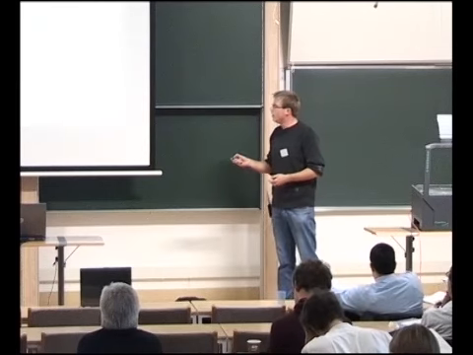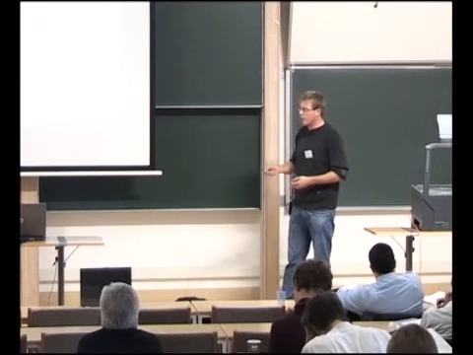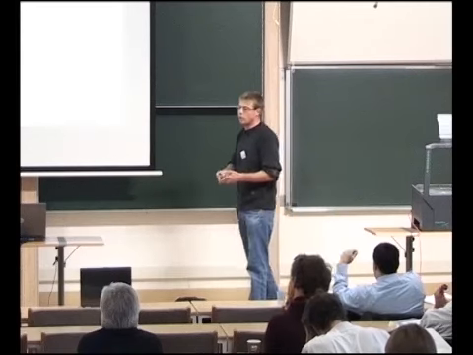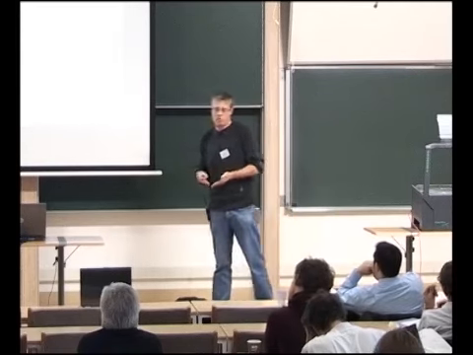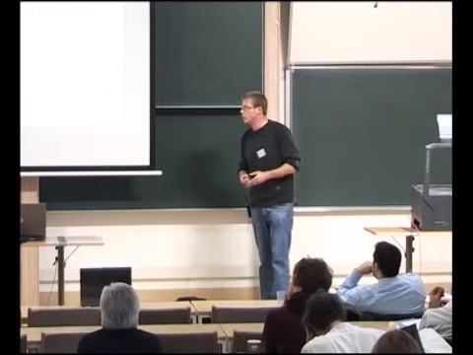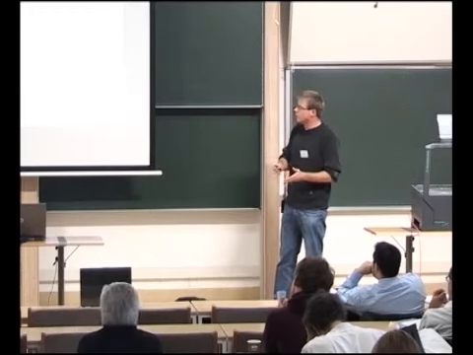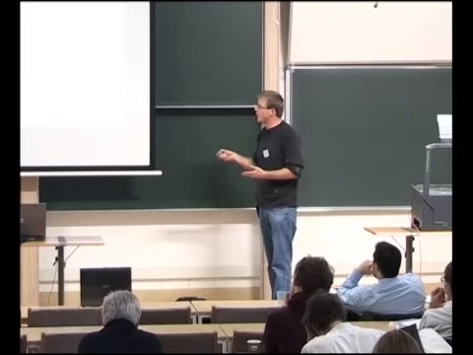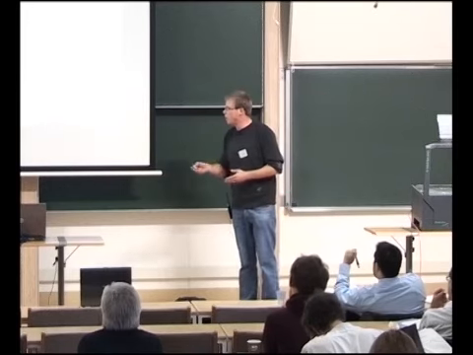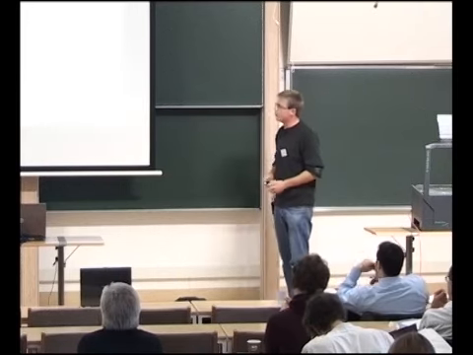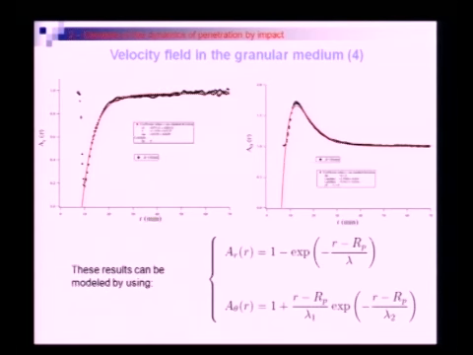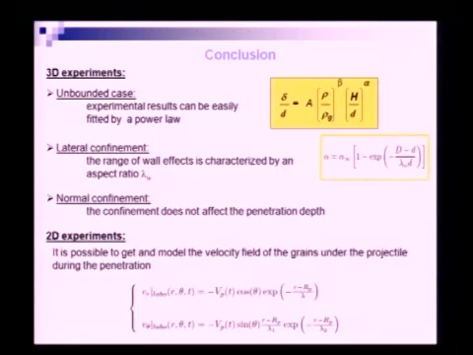Actually, I changed many parameters like the diameter of the projectile, the gap, or the diameter of the grain. The lambda changes, but I don't know how. I'm working on it, so that I can say what the scaling of these characteristic lengths is.